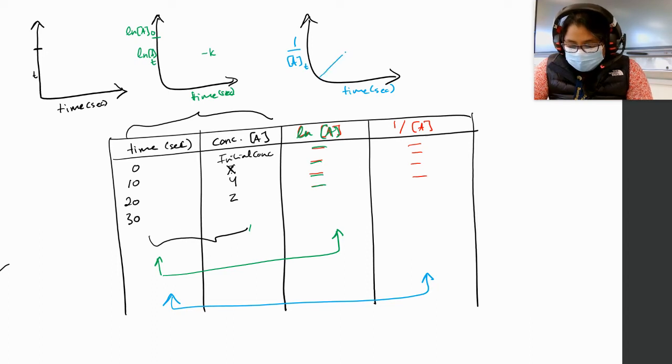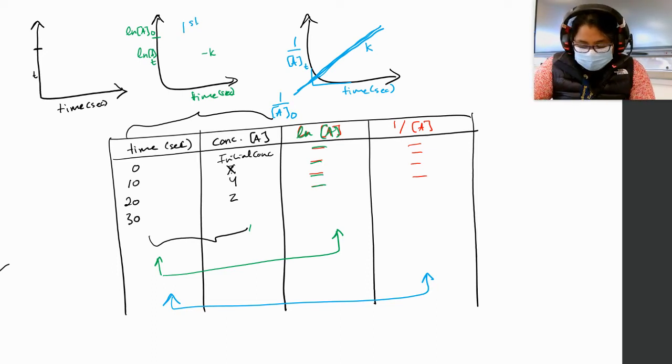You end up with a line that is straight with a positive slope. That positive slope is going to be k. Your y-intercept is going to be 1 over the concentration of A at time 0. So you can calculate what your initial concentration was, and that will be a second order reaction.